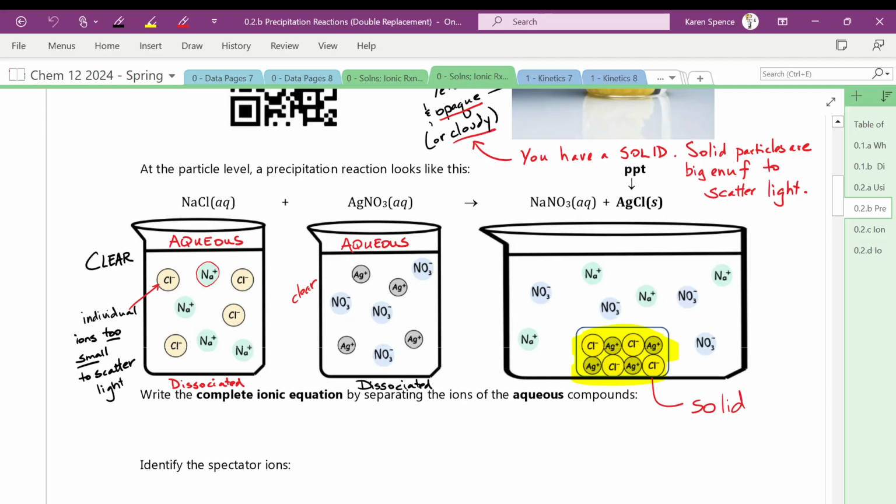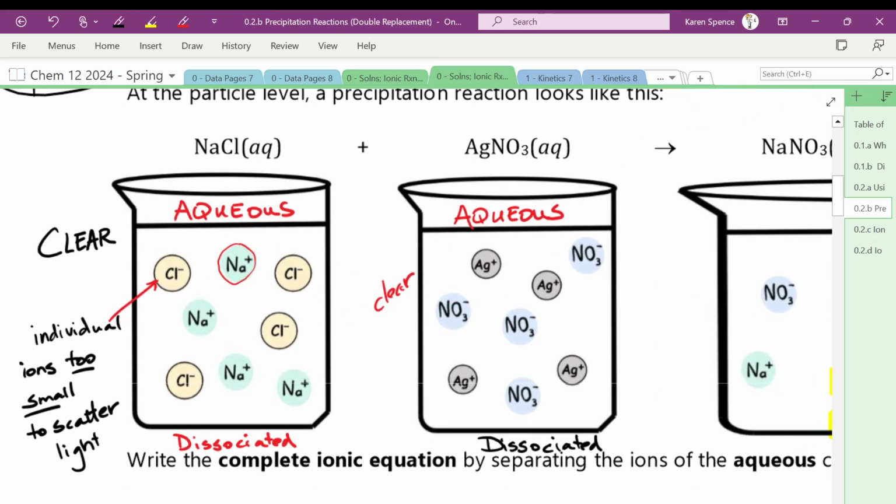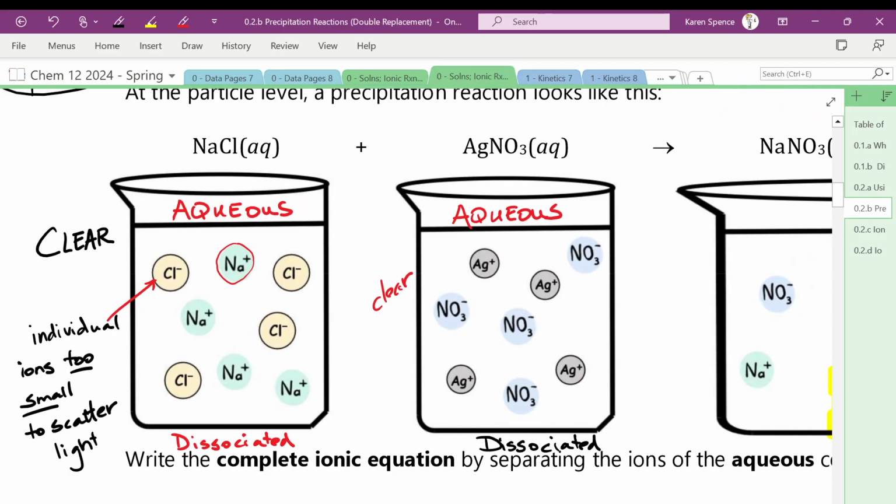So the first thing that we need to look at when we have a double replacement reaction, and this is page 18 in unit 0, is that we have a compound. What type of compound is it? It is an ionic compound because we have a metal and a nonmetal.